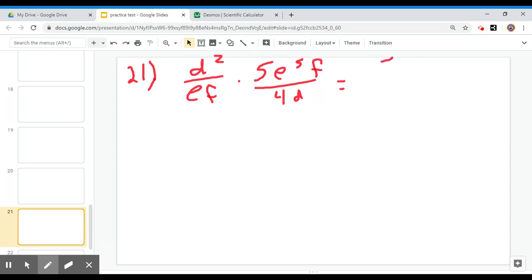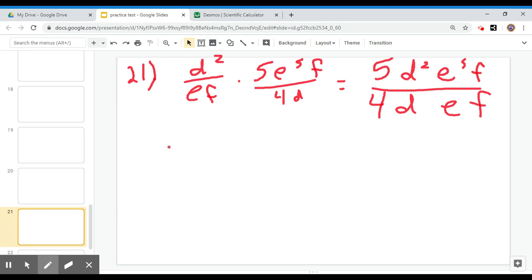So I'm going to put that 5 first. And then we have d squared times e to the 5th times f in the numerator. Then in the denominator, I'm going to put this coefficient first. So we have 4. And then I kind of want to keep my letters together. So I'm going to do d first. So 4 times d times e times f.